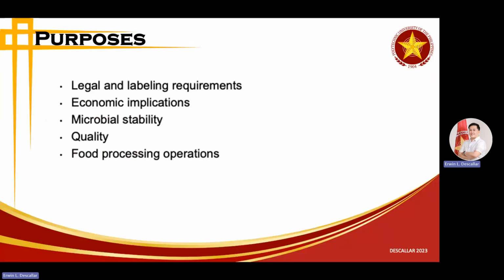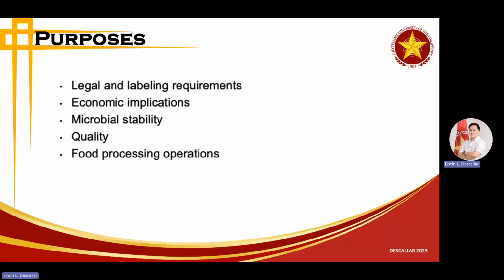Why is that? If you take a look at the nutrition facts available on the different food products, at the back, the macronutrients there are very important. You have the protein, you have the fat, you have the sugar, you also have the dietary fiber as well. So it's one of the points of reference that is being used for the labeling requirements in every food sample.